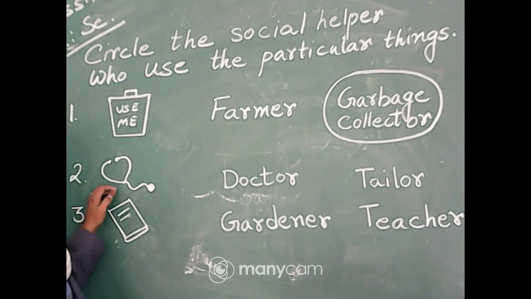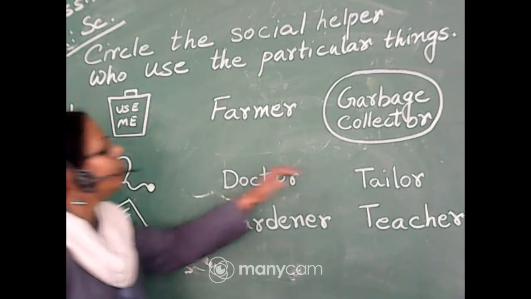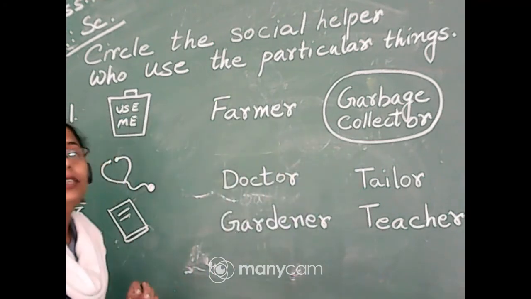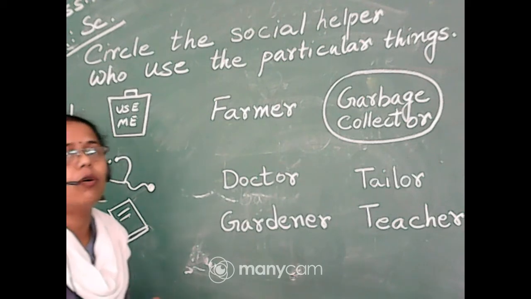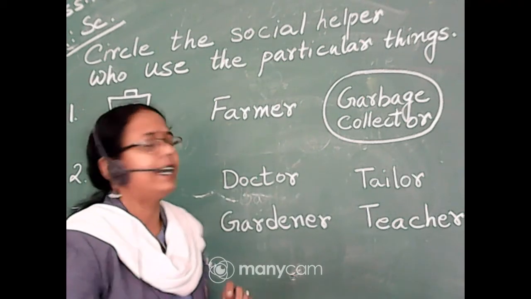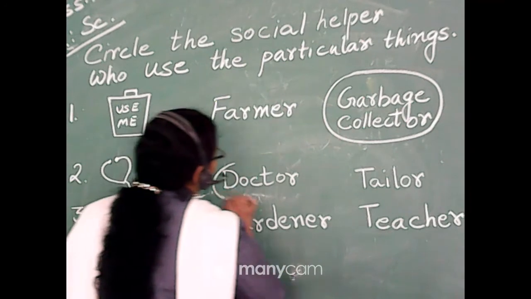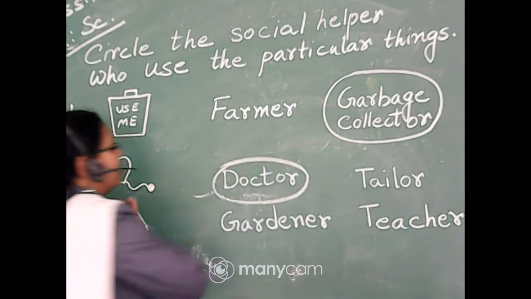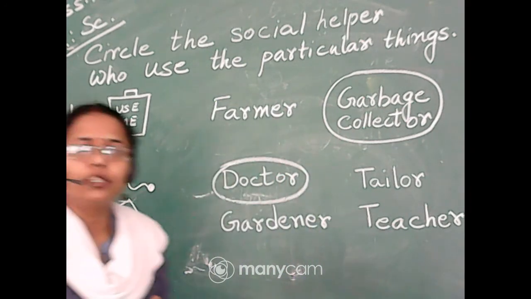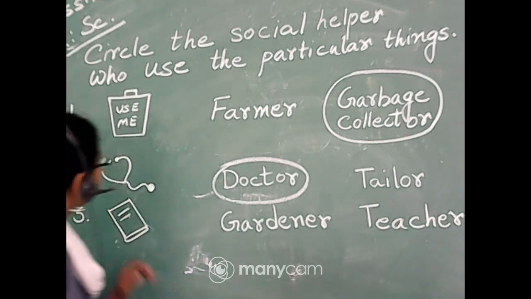Next comes, yes, stethoscope. Now you tell me which particular social helper is using this one, doctor or tailor? So yes, we all know that it is the doctor who uses this to check our heartbeats. Next is book.